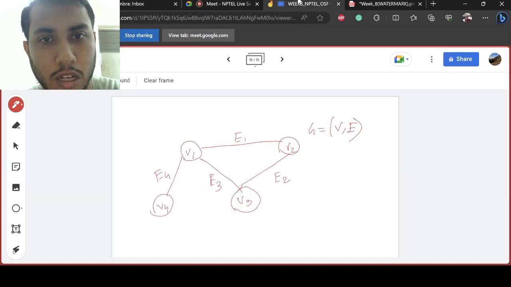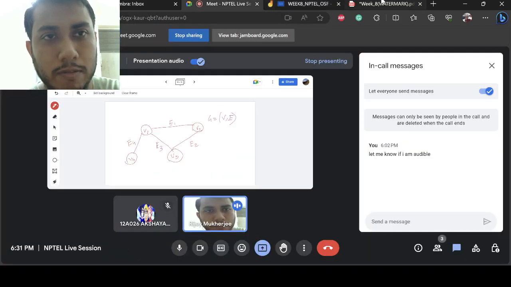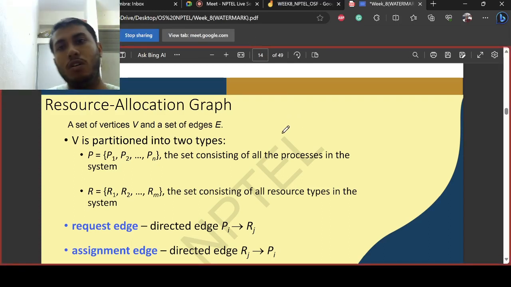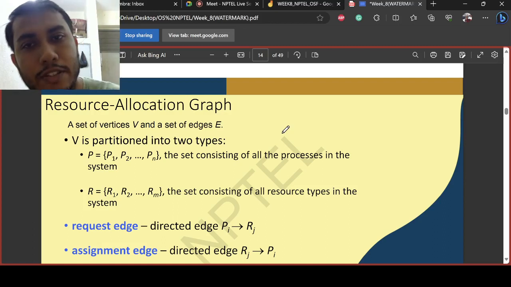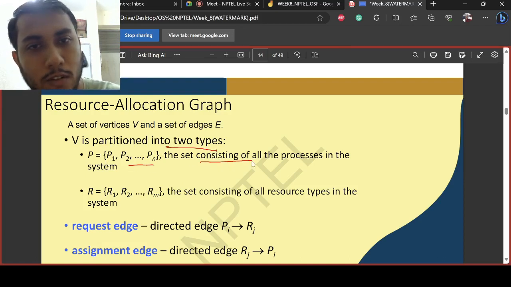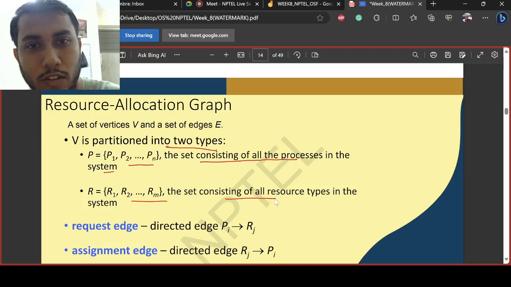Now we will discuss what a resource allocation graph is with respect to deadlock detection. A resource allocation graph has its vertex set V, of two types: the process vertices, the set containing all the processes, and the resource vertices, the set consisting of all types of resources.